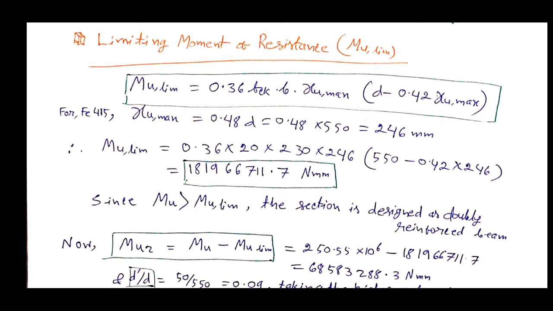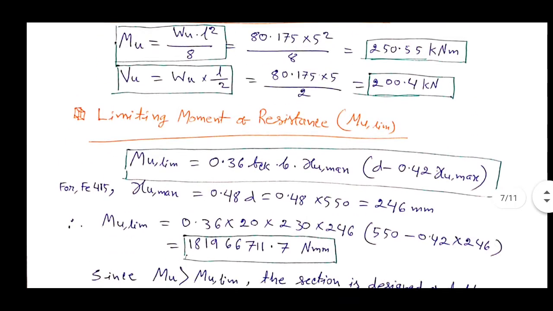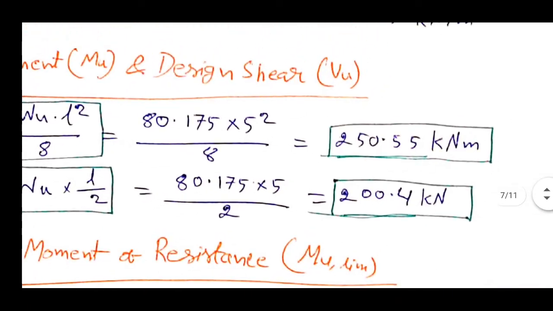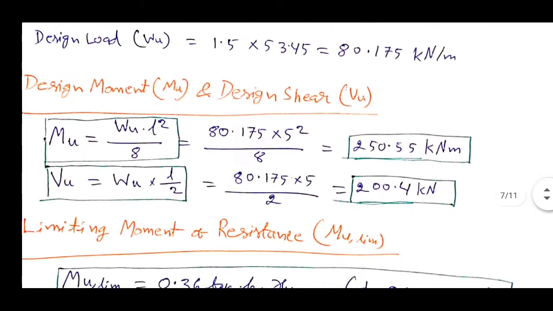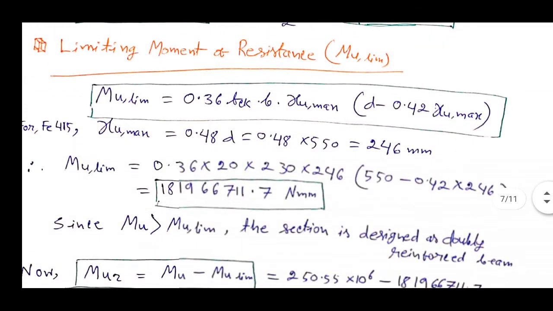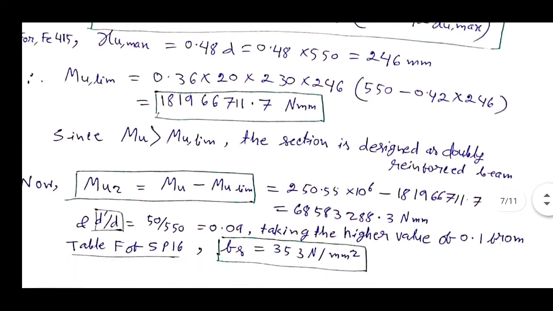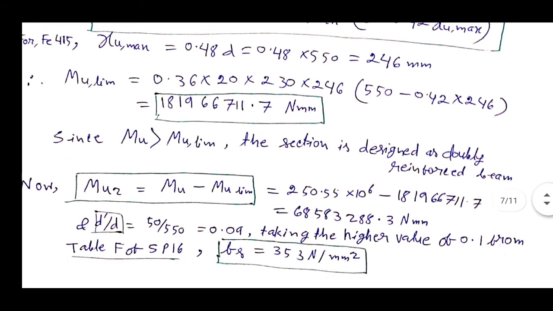After getting this value, it is clear that Mu is greater than Mu limit. How? Let's check again. Look, the value of Mu is 250.55 kilonewton meter and the value of Mu limit is smaller than that. So Mu is greater than Mu limit.